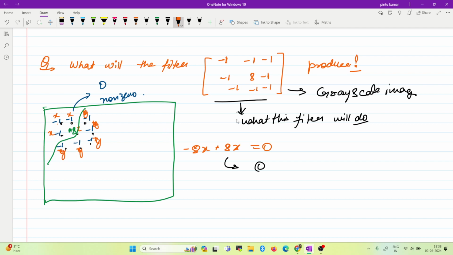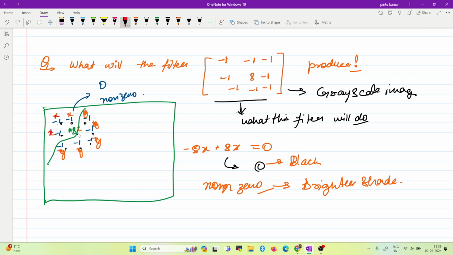Then the value that I would get would be non-zero, right? Zero would mean black, and non-zero would mean some brighter shade of white. So on one side you have some values, let's say x, x, x, and at other points you have y, y, y, y, y.